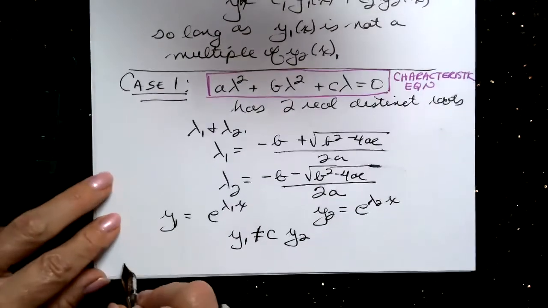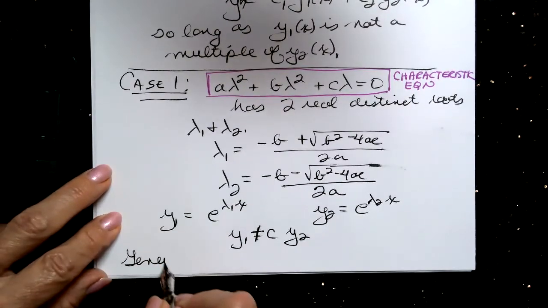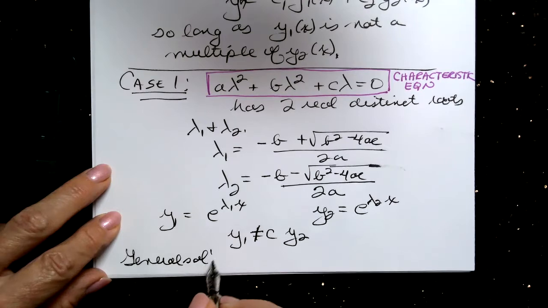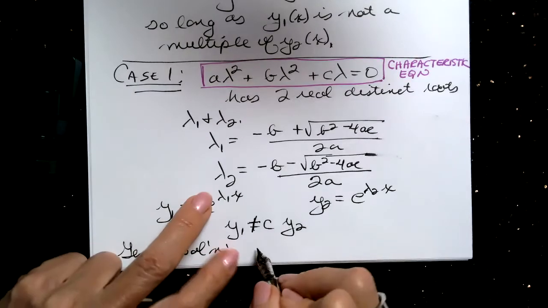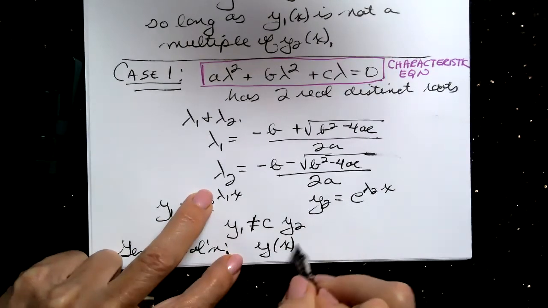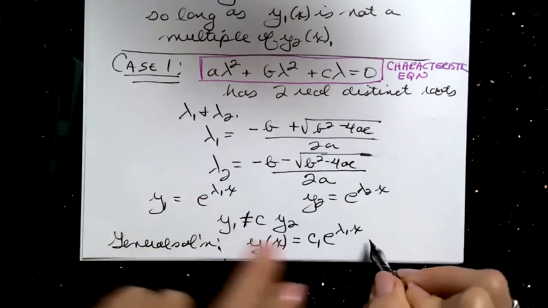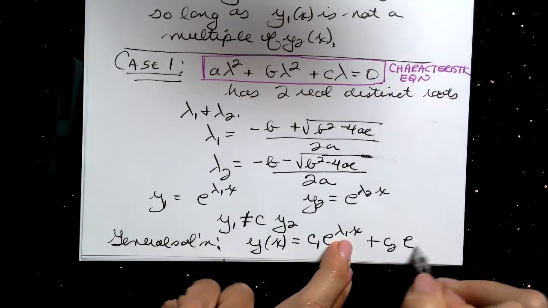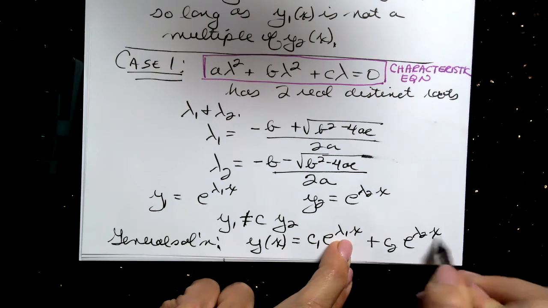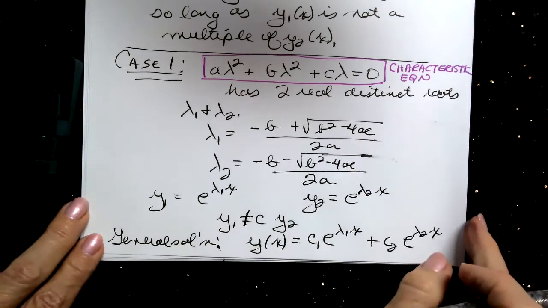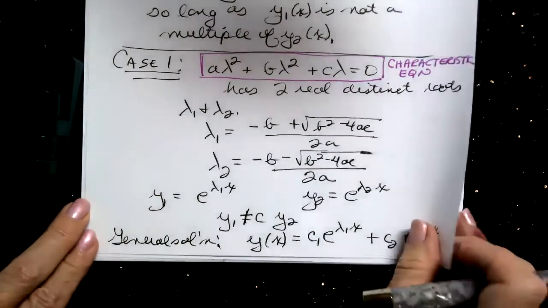Okay, so the general solution in this case is y of x is c1e to the lambda 1x plus c2e to the lambda 2x. Okay, and that's it. That's the general solution.